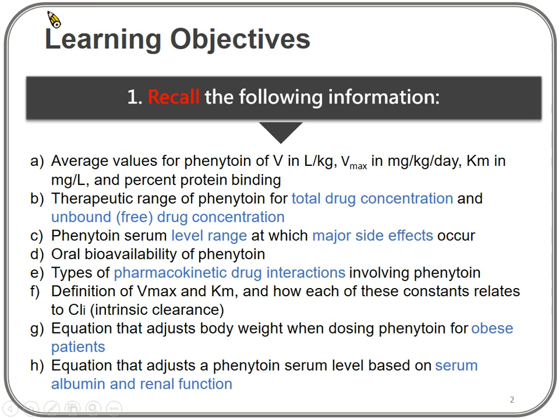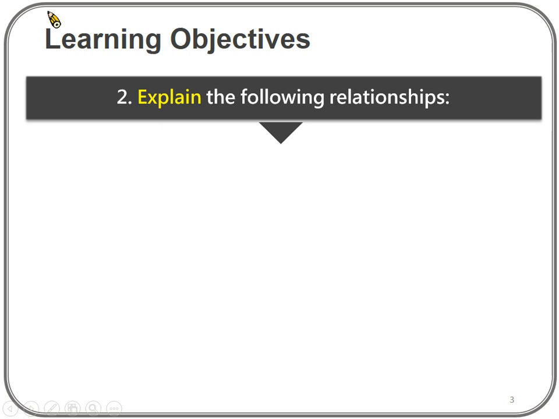And then the equation that adjusts body weight when we are dosing phenytoin for the obese patient. Last, the equation that adjusts a phenytoin serum level based on serum albumin and renal function.